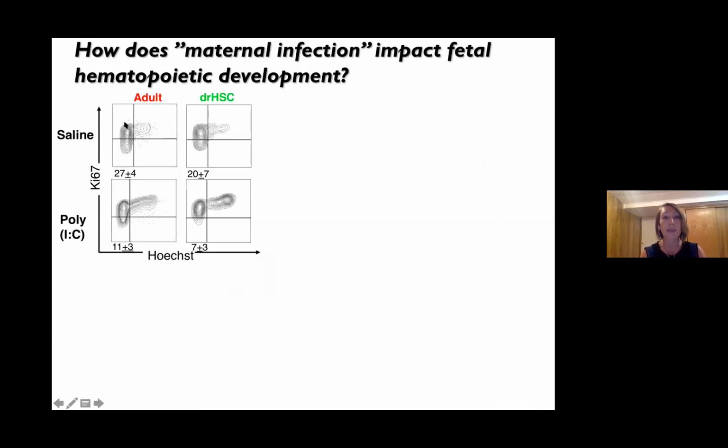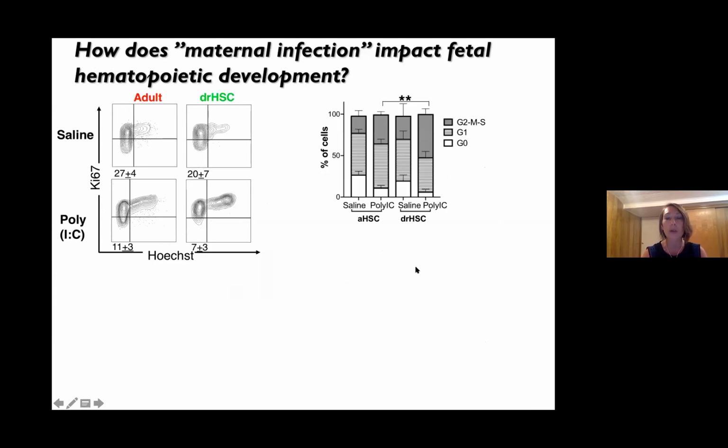We looked at proliferation of these two populations as well, and what we observed was that our DR-HSC was also more proliferative in response to our intervention as opposed to adult HSCs. So in general, the DR-HSC is already more proliferative, but we see even fewer cells in G0, which is normal in fetal development. Most hematopoietic stem cells are proliferating.